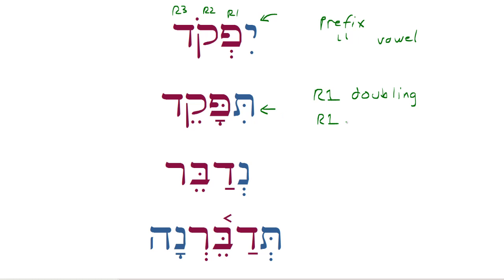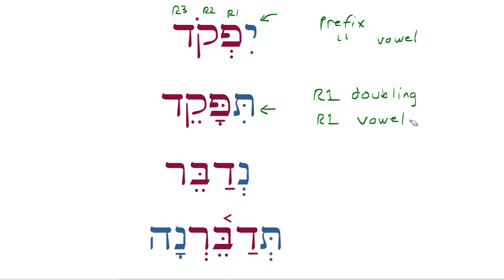Next we'll look at the R1 vowel. Now in this first case, we see that it's a silent shewa. So technically, we look at the R1 vowel or shewa, vocal shewa or silent shewa. Technically, a silent shewa is not a vowel, but it's useful just to talk about the R1 vowel.